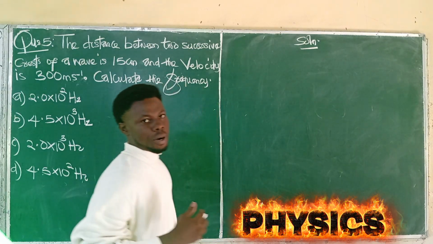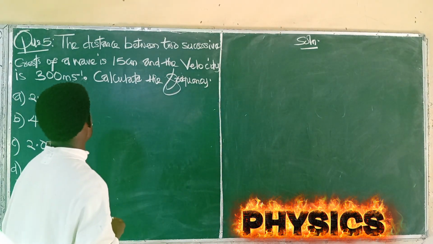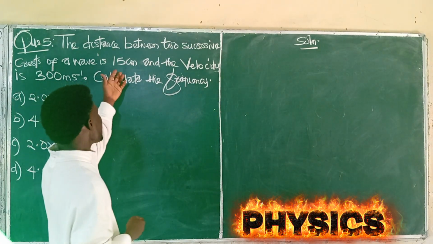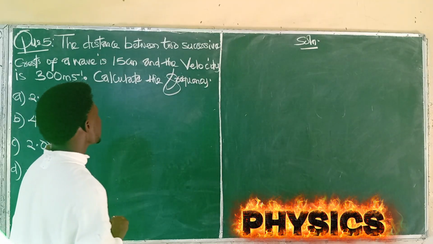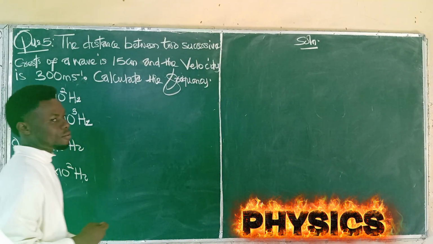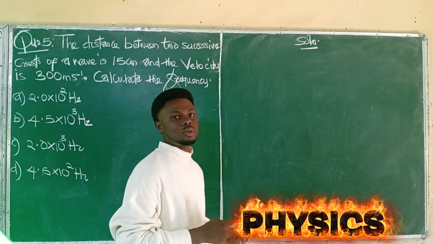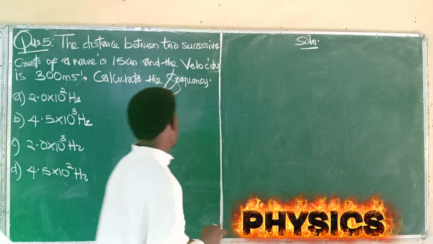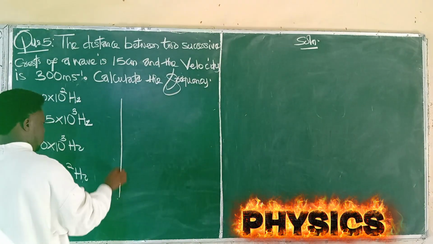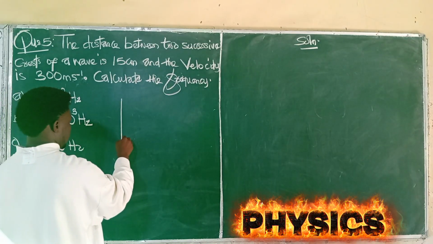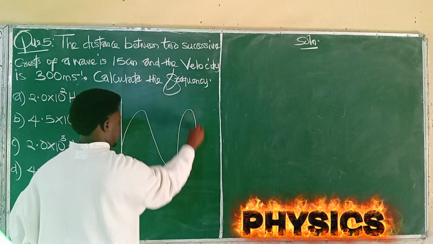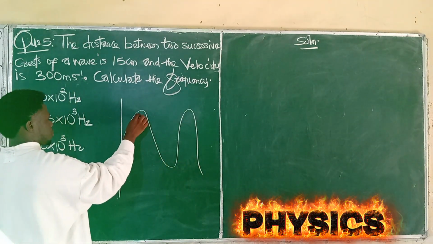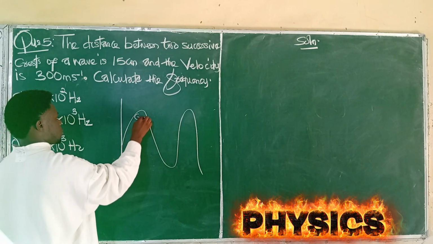Let's take down the parameters given. In the question, we have 15 centimeters, the distance between 2 successive crests. The distance between 2 successive crests or troughs is known as wavelength. Assuming there is a wave on this line, this is the crest. Here is the crest.